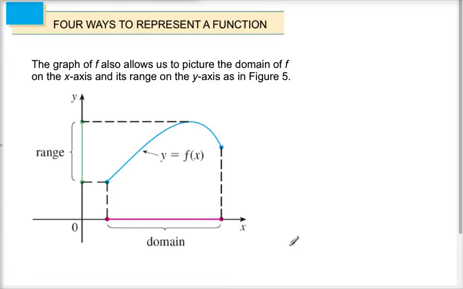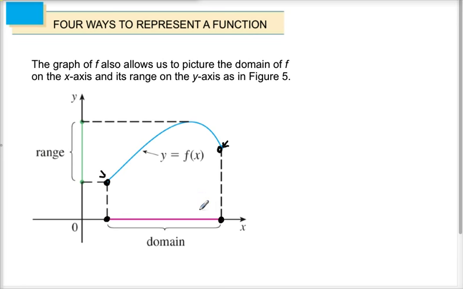What I can also use is the graph of this function, or any function, to describe the domain and the range. Essentially, the domain is the interval of every single x value for which the function is defined. In this particular y equals f of x curve, there is a distinct endpoint here and here, so I can identify my domain as everything between these two endpoints.